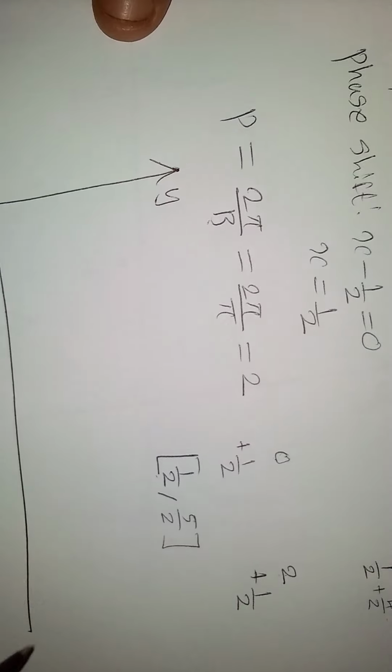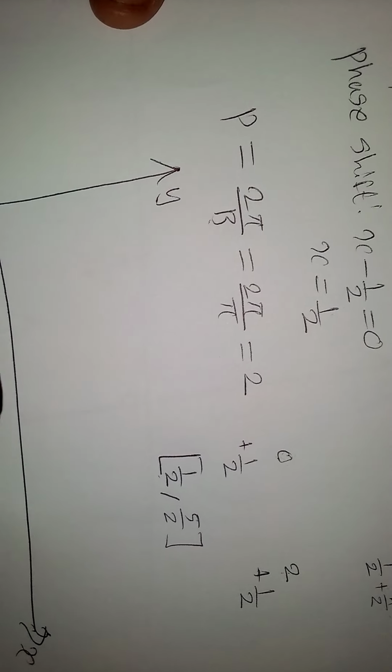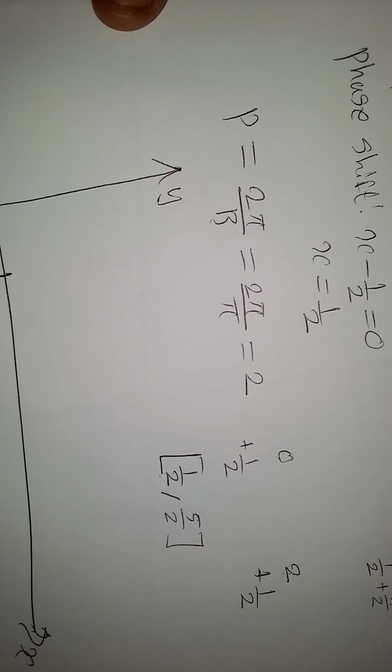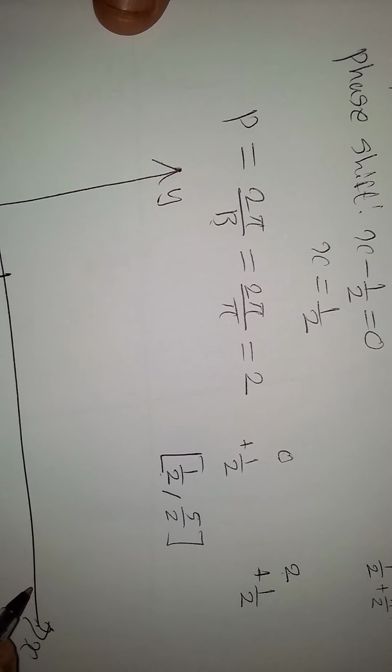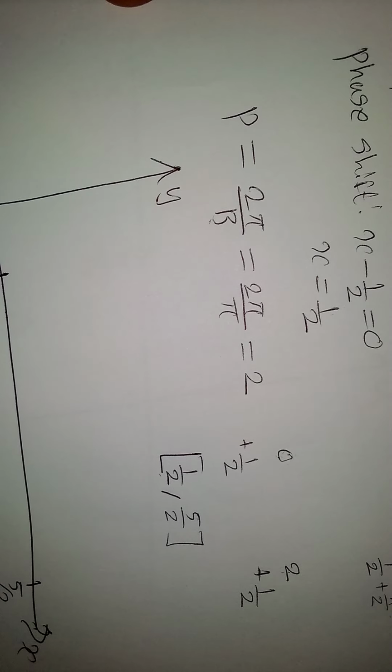So we have our y-axis, x-axis here. The function starts from 1 over 2 up to 5 over 2, and then the half of this.